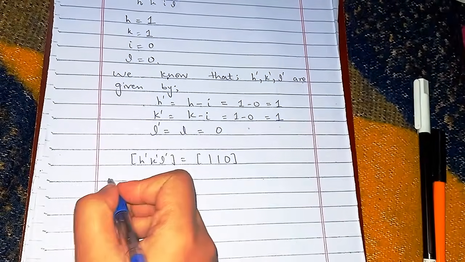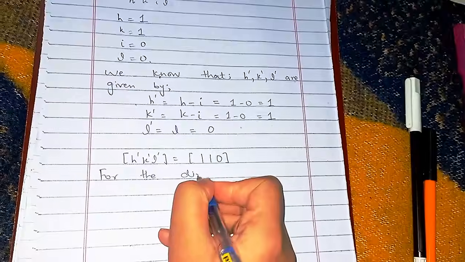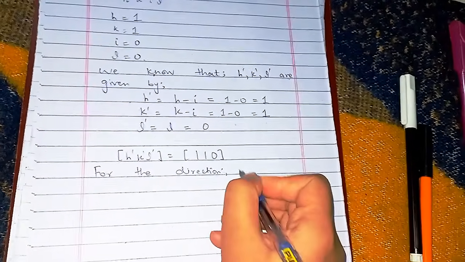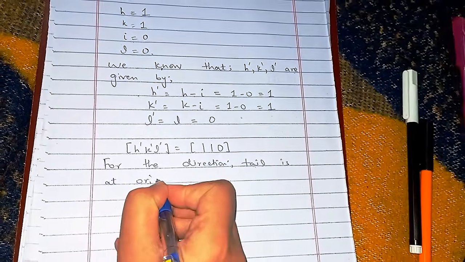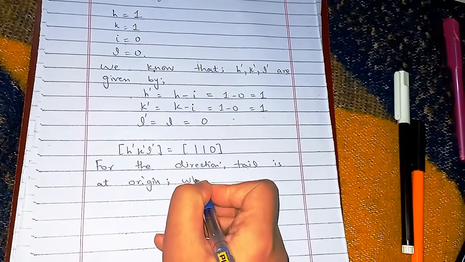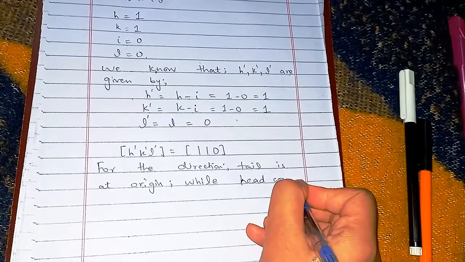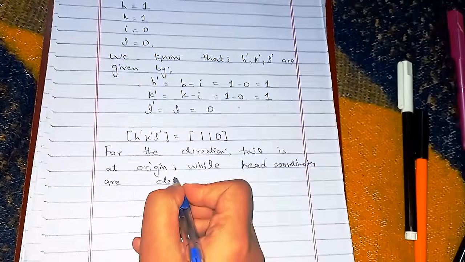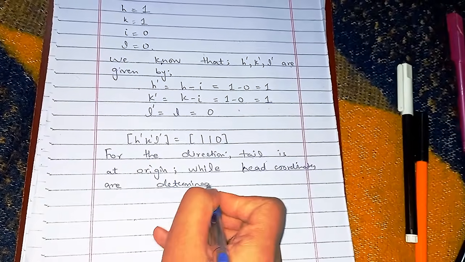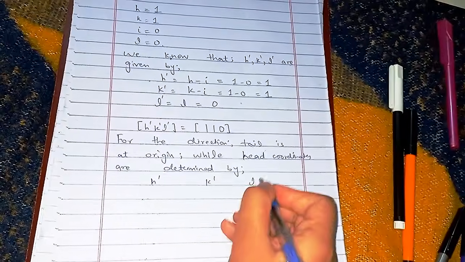For the direction, the tail is at origin, while the head coordinates are determined by the following method: H prime, K prime, and L prime.